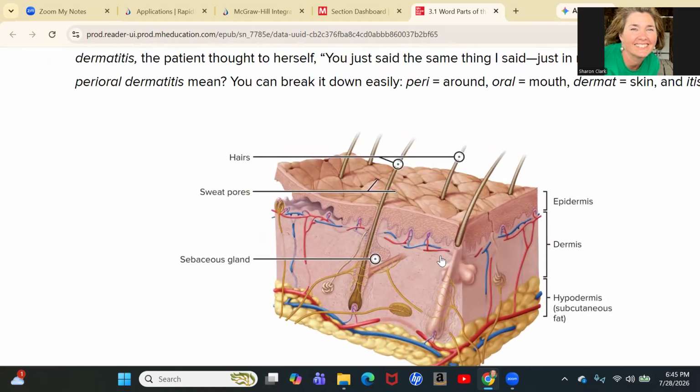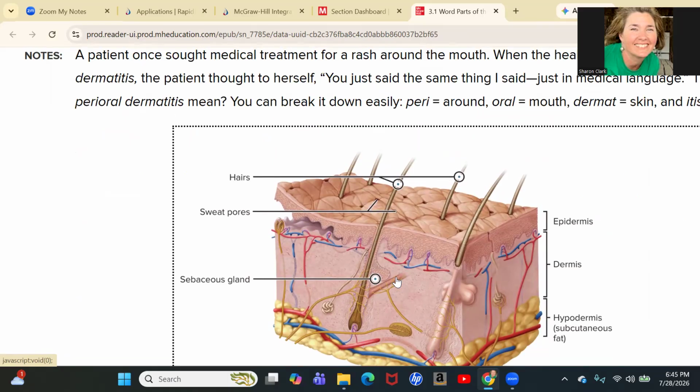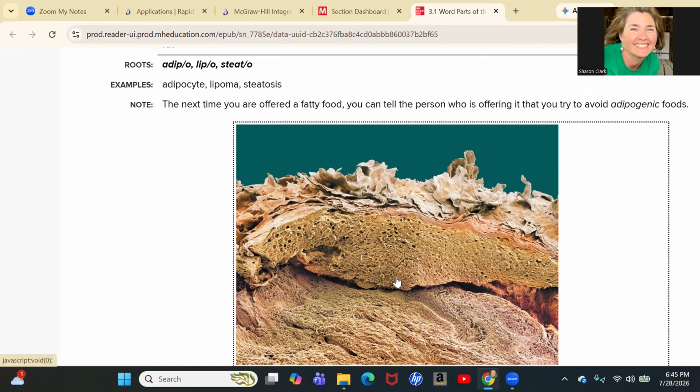When we look at the cells found within the hypodermis or subcutaneous level, that is where you will also find your fat cells. The medical terms or root words for those are lipo, adipo, or steato.